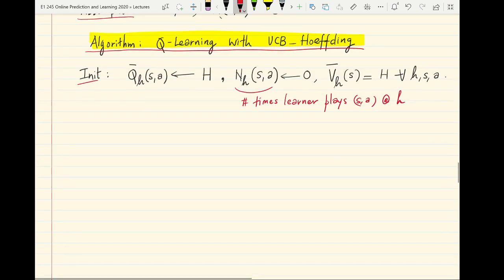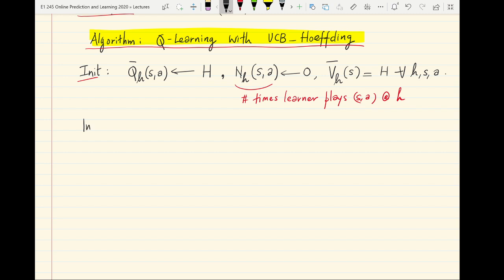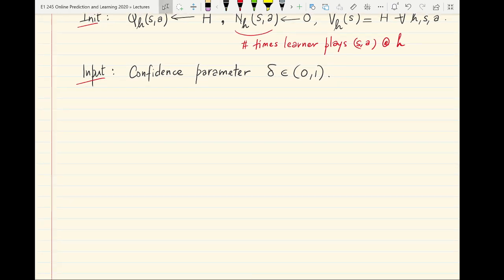The algorithm also takes as input a confidence parameter, which following our standard convention we will call delta. This delta is basically an error probability parameter. And what the algorithm does is the following at every episode. Recall that it's operating in the episodic learning loop.